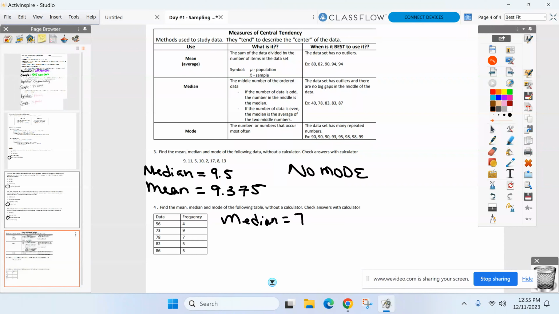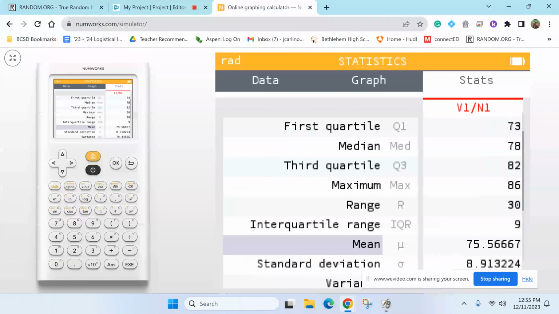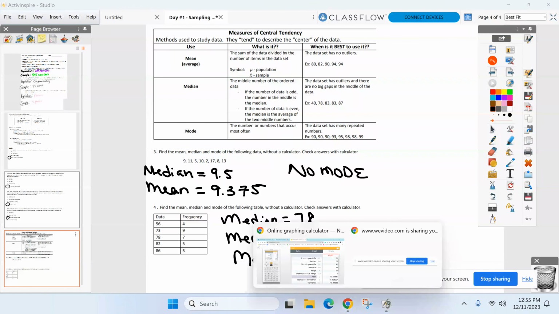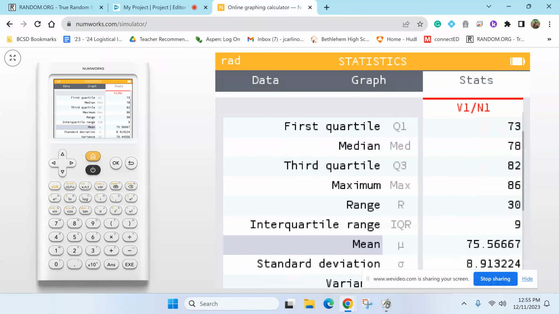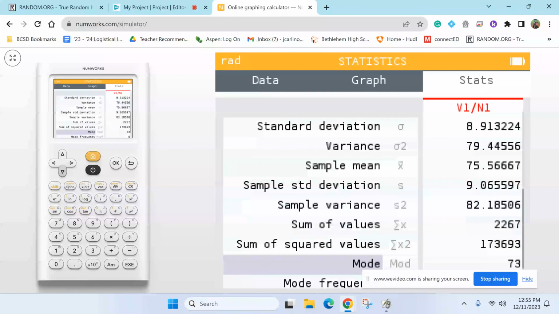And do you guys see a mode now there? Yep. And it drives me nuts that you need to be given that by the calculator instead of just looking at the table on your own, but whatever. The mean will just go 75.6. And again, the mode is there if you do need it. 73.